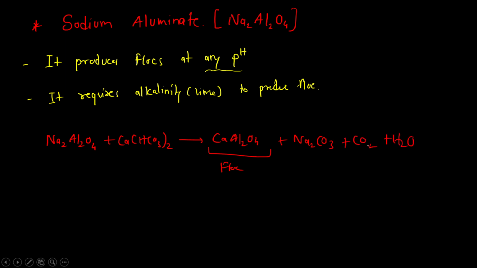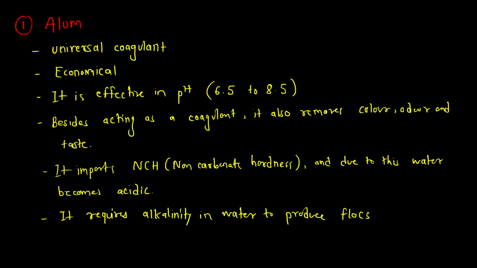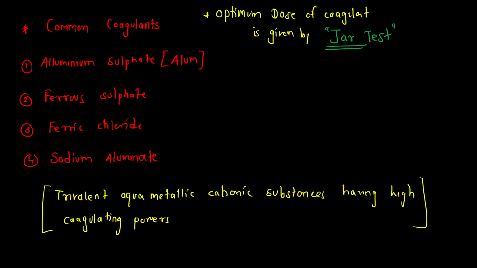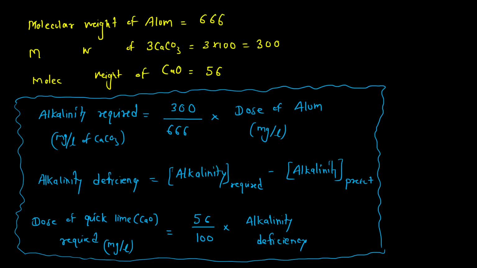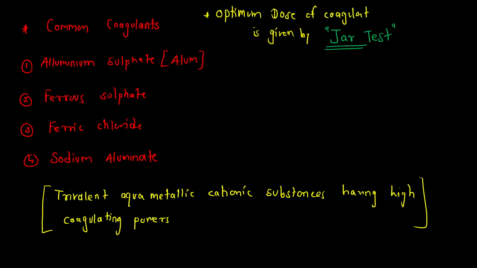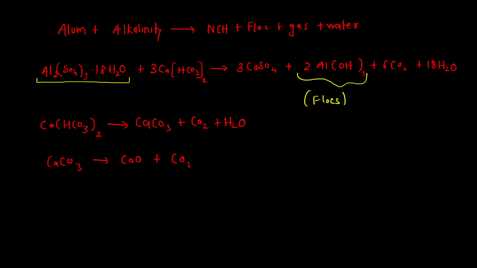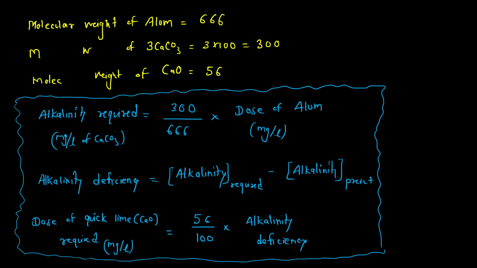See the reactions from alum, the first one that we have seen. The reactions of alum and ferrous sulphate are important. The other reactions, that is the reactions of ferric chloride and sodium aluminate, are not much important. All the reactions and all the important formulas have been given.